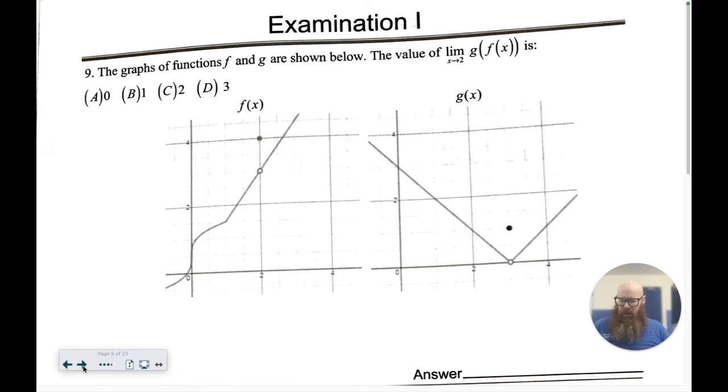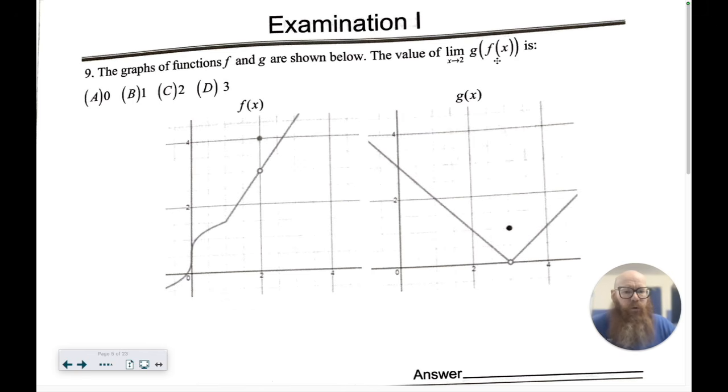All right, let's move on to number 9. So here we have a limit of a composite function. When you think about how a composite function works, like when you learned it maybe in Algebra 1, you have an input that goes into the inside function, and that gives you an output, and then that output becomes the input to the outside function, and then you finally get your final output.